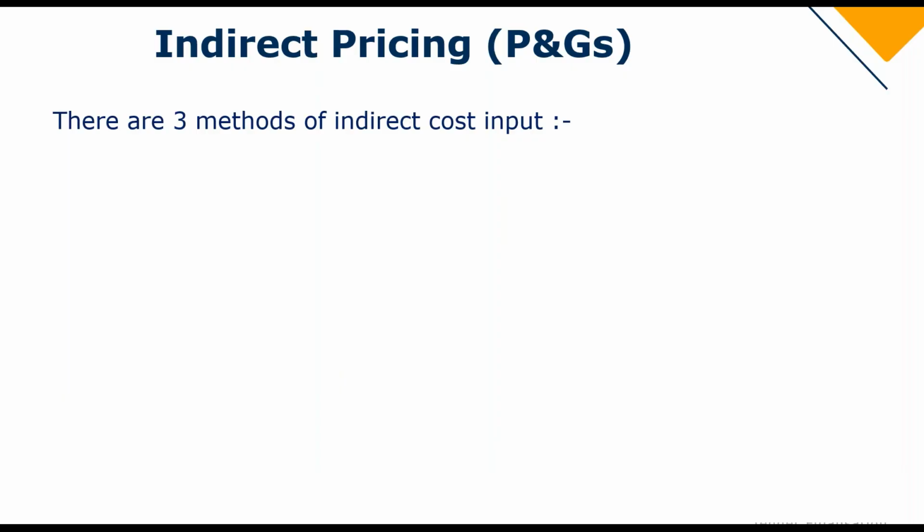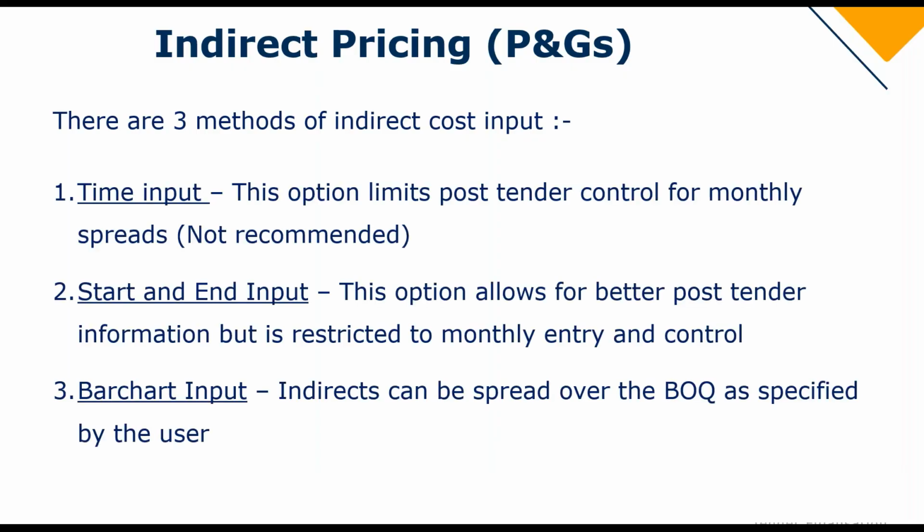So there are 3 methods of indirect cost inputs in Candy. The first way is a time input. This option limits post-tender control for monthly spreads, and you will see that we do not recommend it. The next method, number 2, is the start and end input.